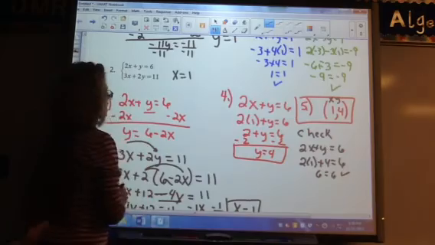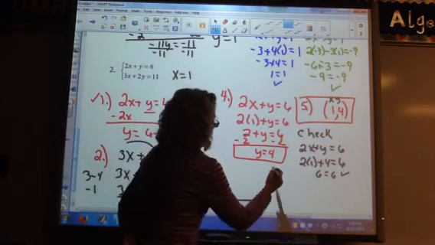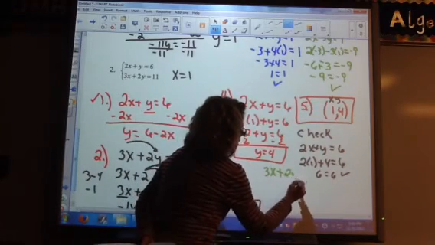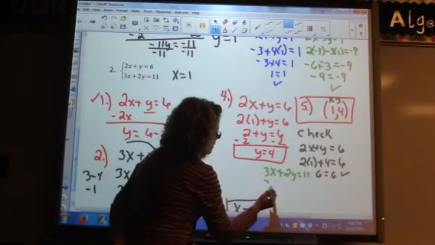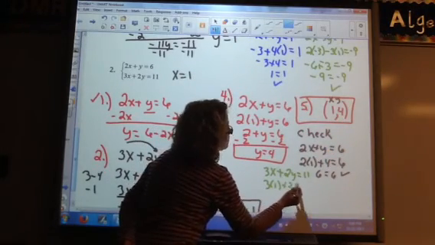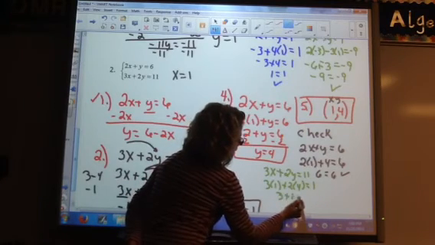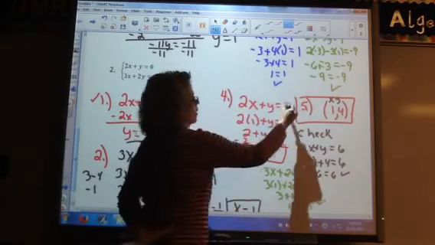All right, let's check our second equation. I have 3x plus 2y equals 11. Let's substitute in for our x and y. So 3 plus 8 equals 11. Check. So I know my answer's right.